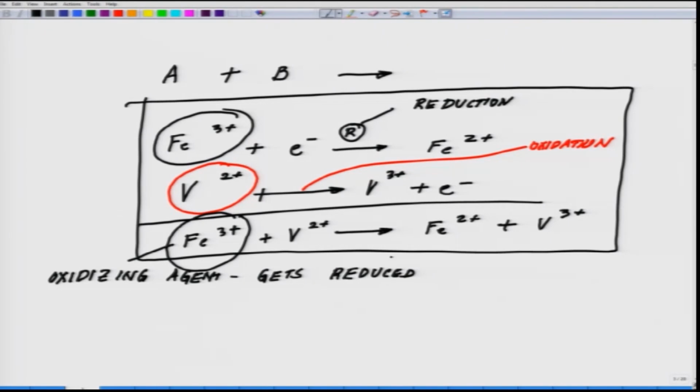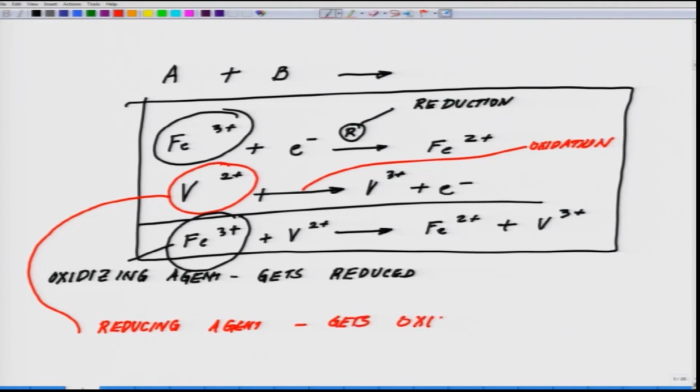Similarly, you have the next one, vanadium, which is the reducing agent, and gets oxidized. Just remember this basic concept all throughout.